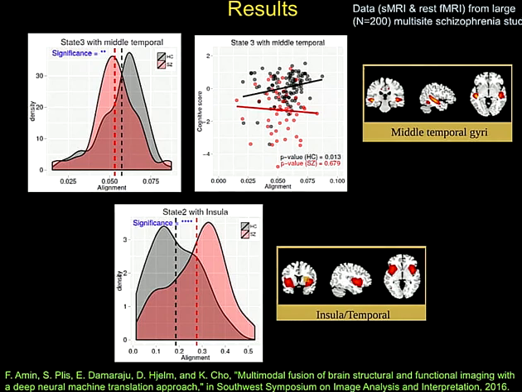So there's a link between the structure and the function in this data. But in addition, beyond that, we see in this case, the healthy controls are more strongly linked between structure and function for this state than are the schizophrenia patients. So there's a significant difference there as well. And this is in a temporal lobe region.